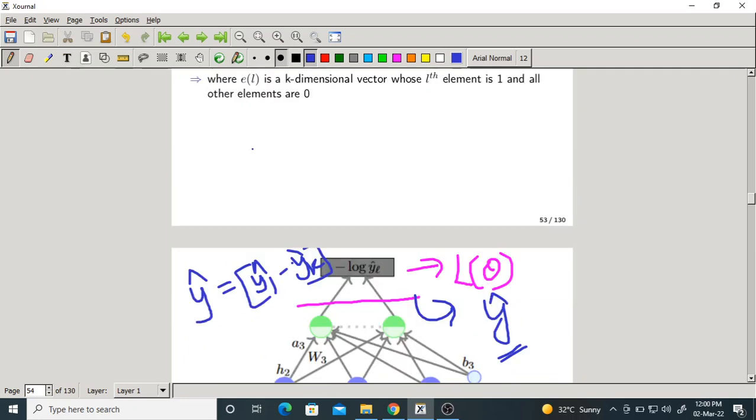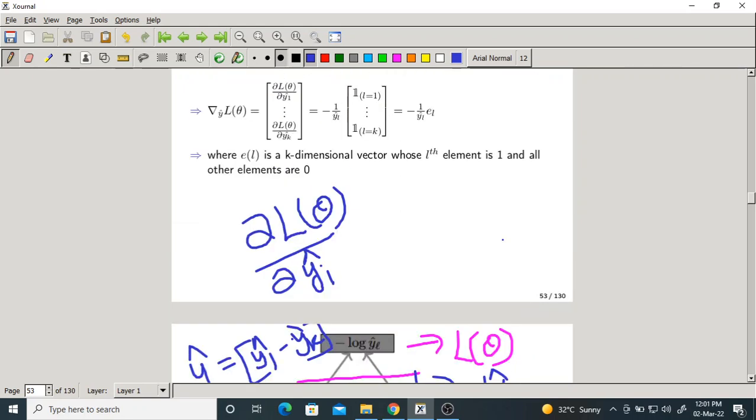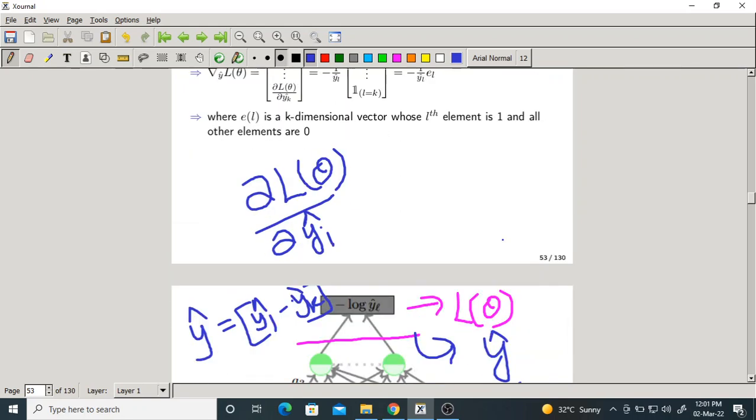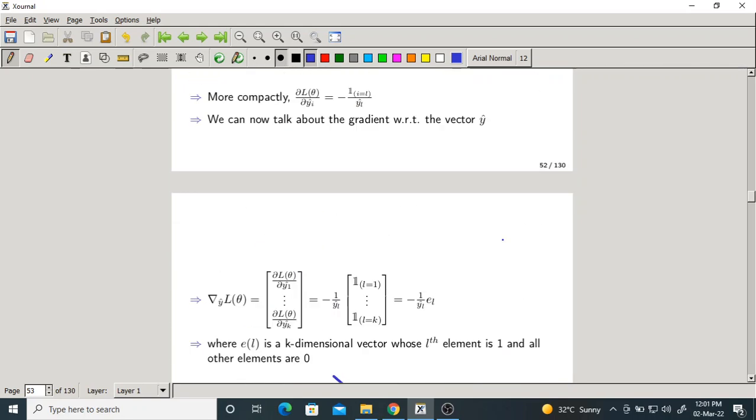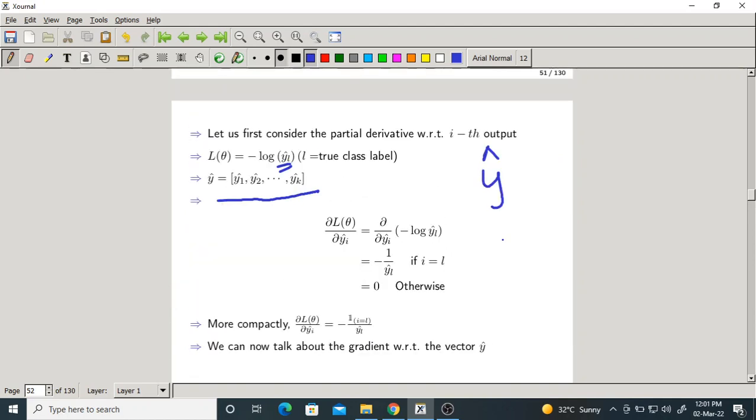So which means I want to find out ∂L(θ)/∂Y_i hat. Okay, what next? But L(θ) is the what? Minus log Y_L hat.